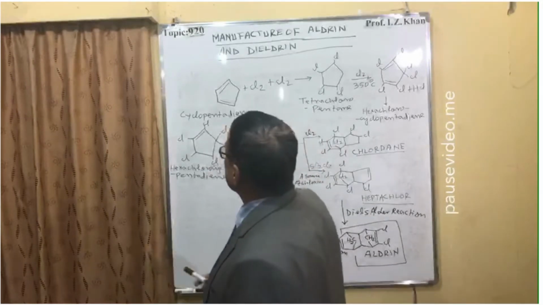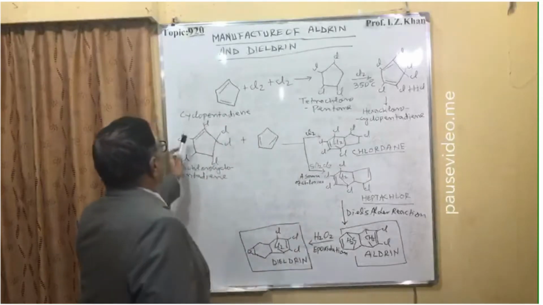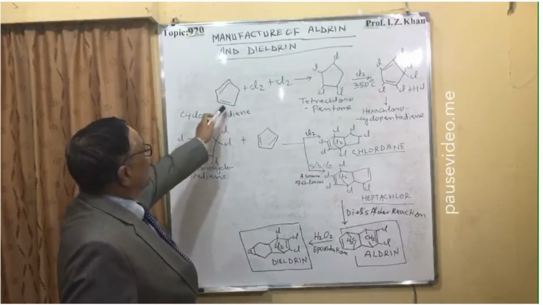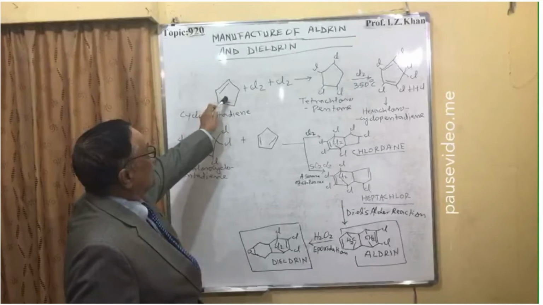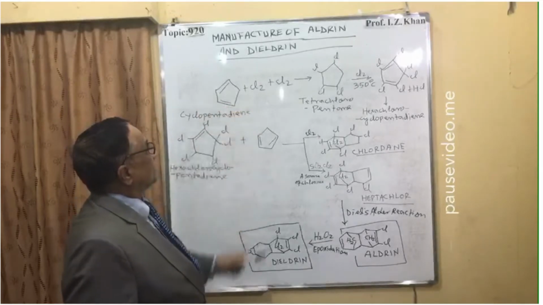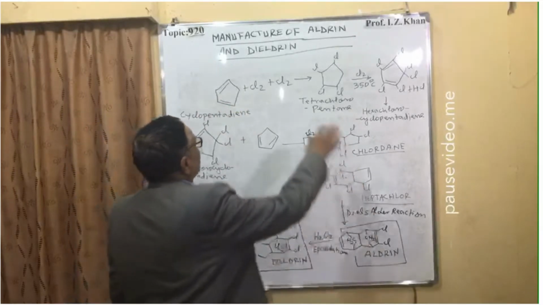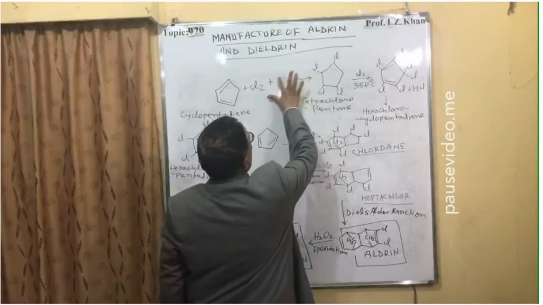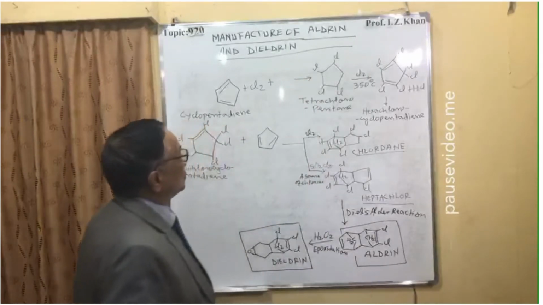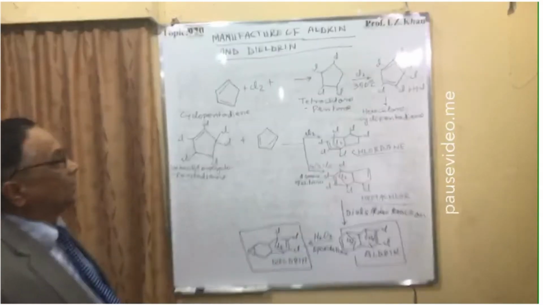So here the reaction is given. This is cyclopentadiene, a 5-member ring, and it is subjected to chlorination. Once it is subjected to chlorination, it is changed into tetrachloropentane.